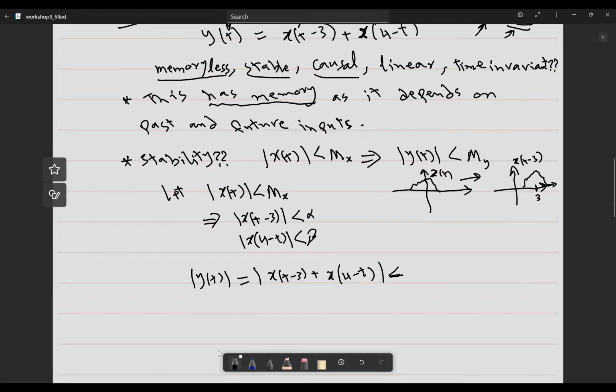And the absolute value of this is less than or equal to the absolute value of x(t minus 3) plus the absolute value of x(4 minus t). Do you know which inequality did we use to move from here to here?